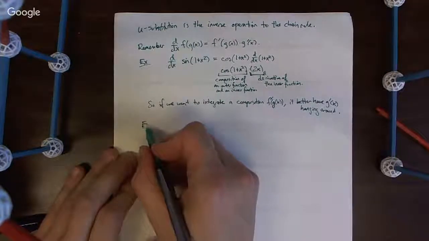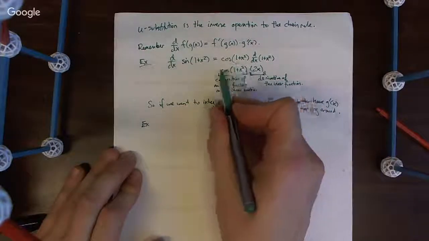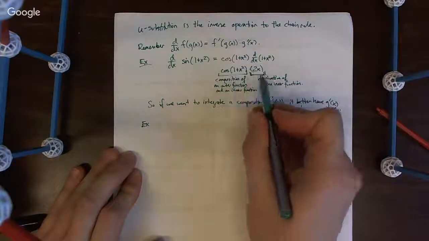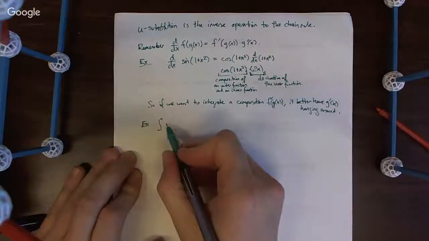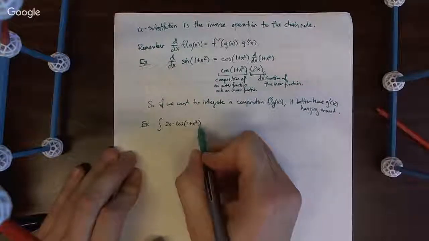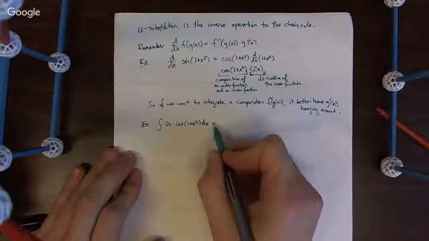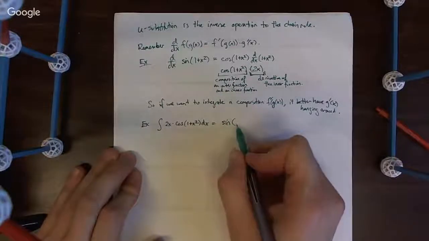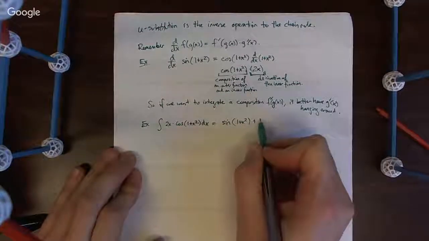So if we want to go backwards and take the indefinite integral of 2x times cosine of 1 plus x squared dx, we get sine of 1 plus x squared plus c.